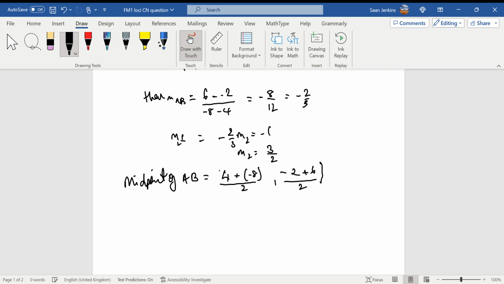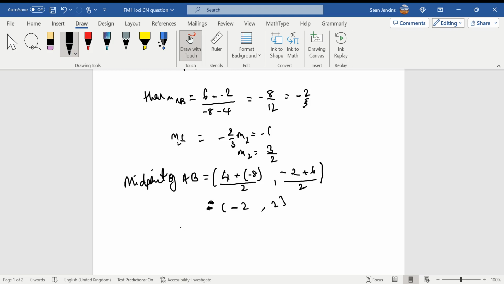And that's your midpoint. So what does that give us? That gives us minus 4 over 2, which is minus 2, and 4 over 2, which is 2. So our midpoint is minus 2, 2.